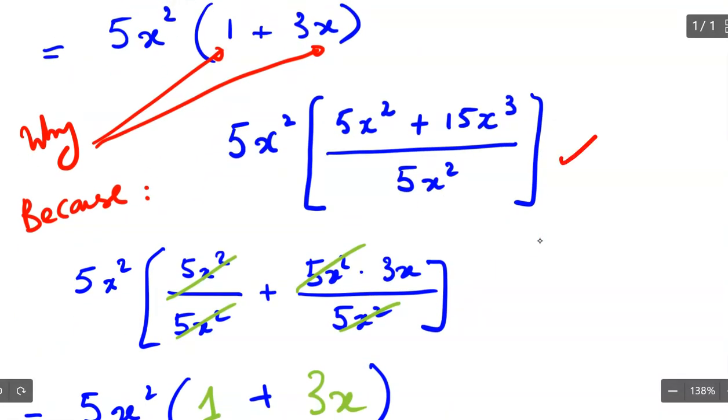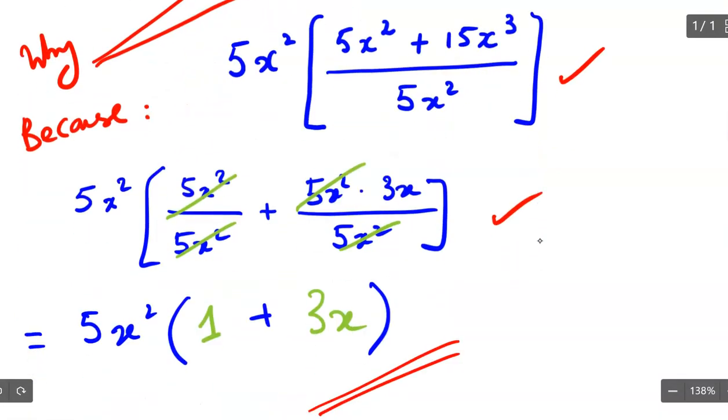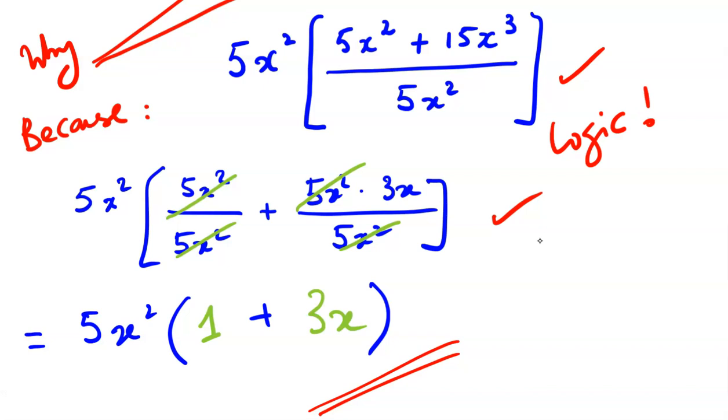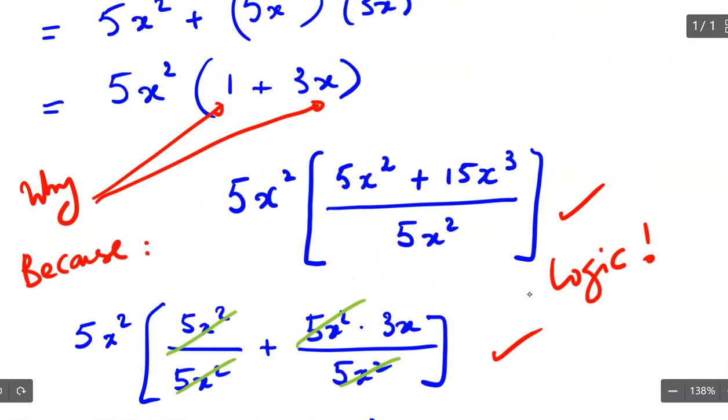So these are the important steps. So this is the logic that I try to explain to everyone. Okay, the logic of common factoring is you must take that factor, you divide into each term inside the brackets. Okay, so keep that in mind.